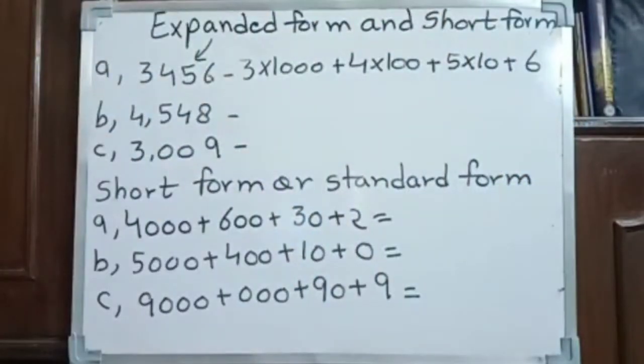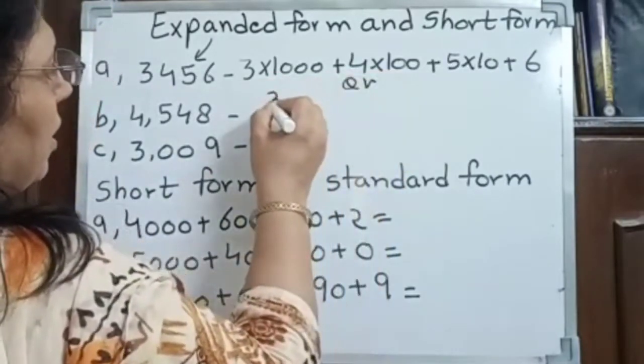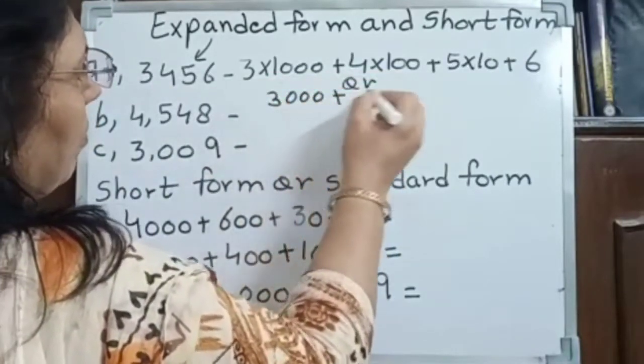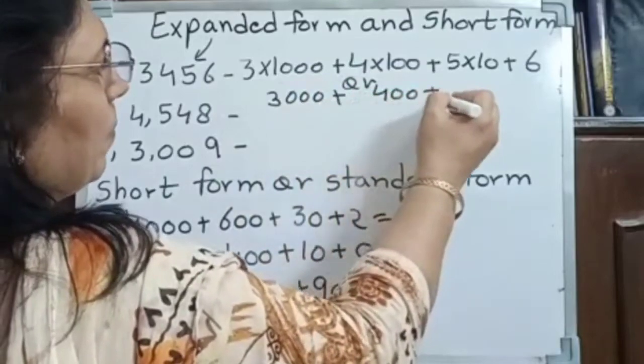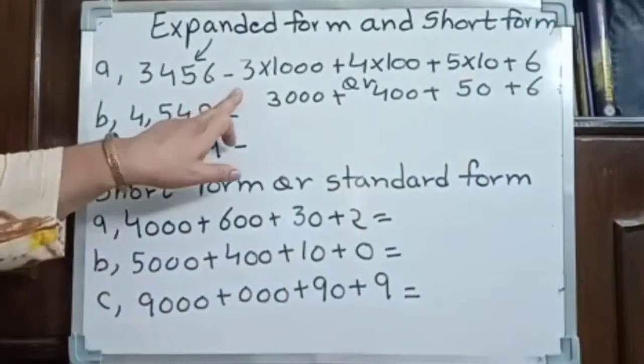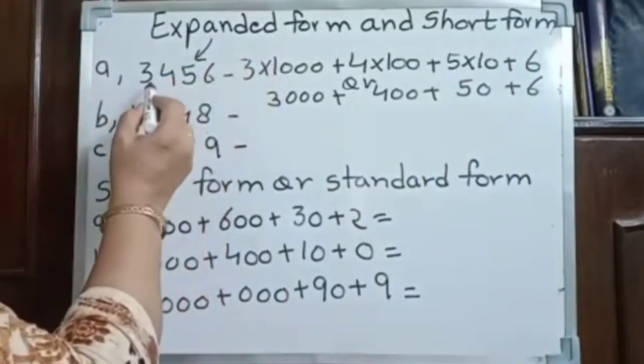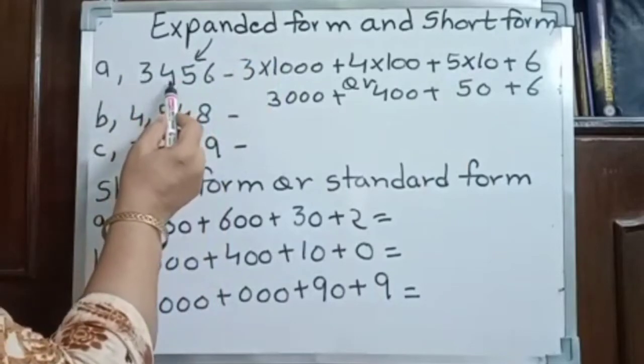Means you have to do it like that, or 3000 plus 400 plus 50 plus 6. This is the expanded form of the number. First you have to see the number is in which place, means 3000.